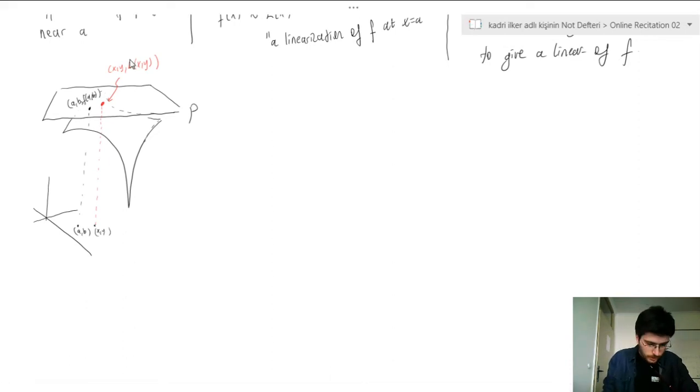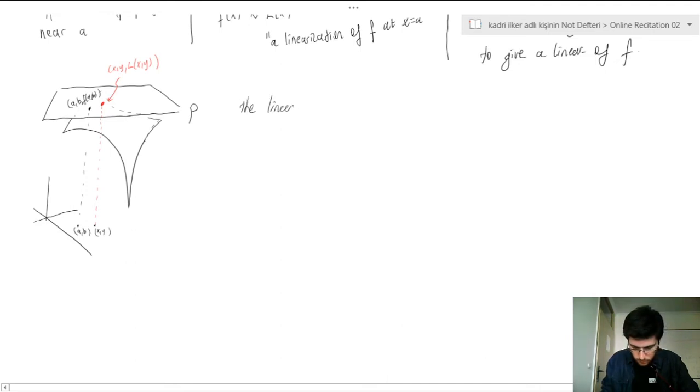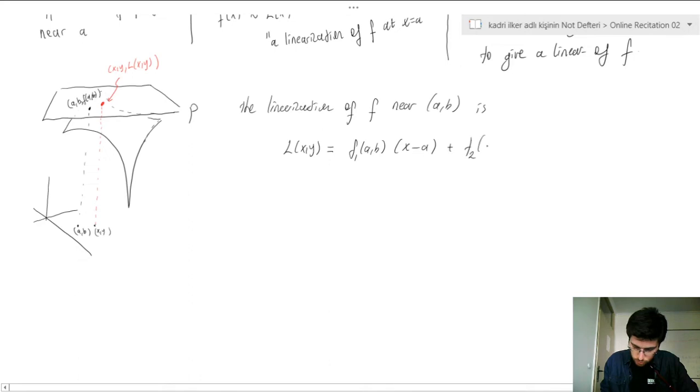Therefore, what we have is the following: the linearization of f near (a, b) is just L(x, y) equals f1(a, b)(x minus a) plus f2(a, b)(y minus b) plus f(a, b).